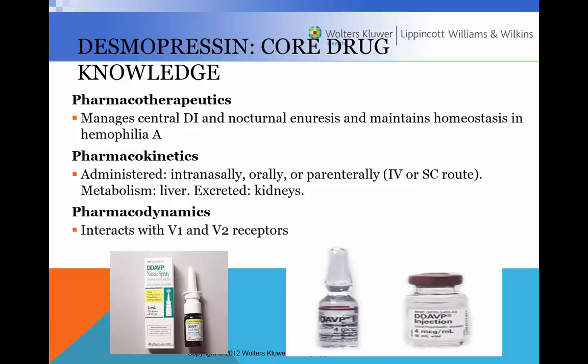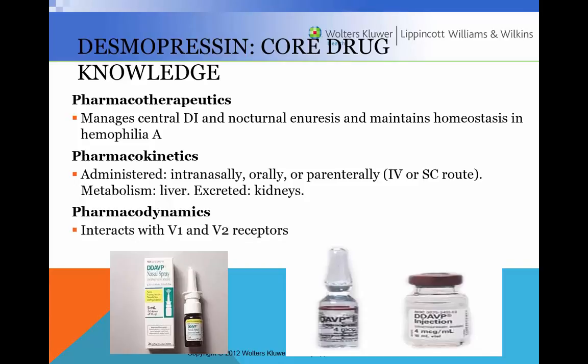Pharmacotherapeutics: it manages central DI, which is diabetes insipidus, and nocturnal enuresis. Nocturnal enuresis is children who have bedwetting, or people who have bedwetting, because occasionally that can happen in adults too, or in teenagers. That's wetting the bed at night. It also maintains homeostasis in hemophilia A.